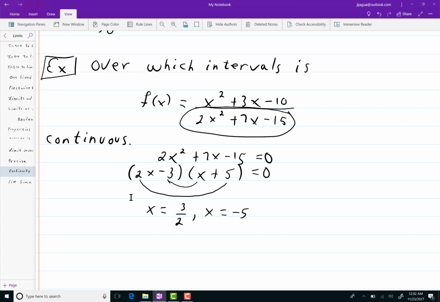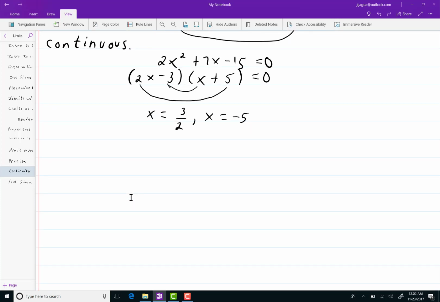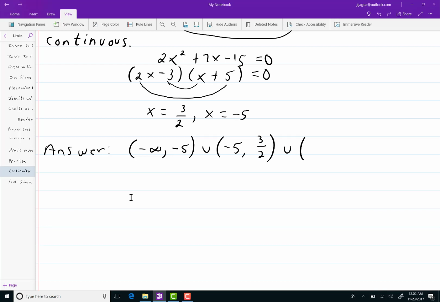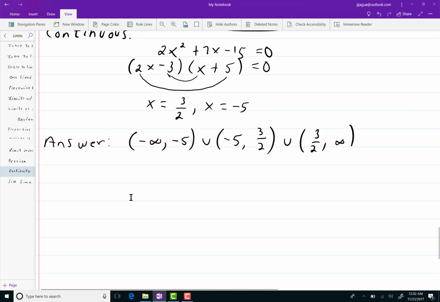Remember, those are the places where the denominator is 0, so I don't want them. So the answer to that question is negative infinity to negative 5 union negative 5 to 3 halves union 3 halves to infinity. So you can see I'm specifically plucking out the two x values that were not permitted.